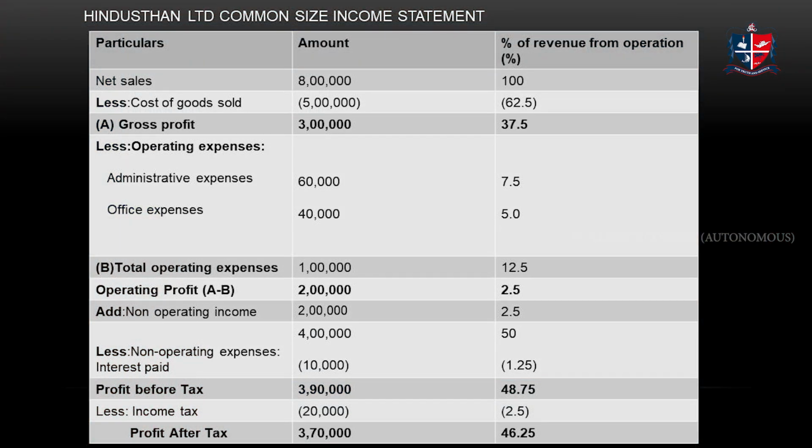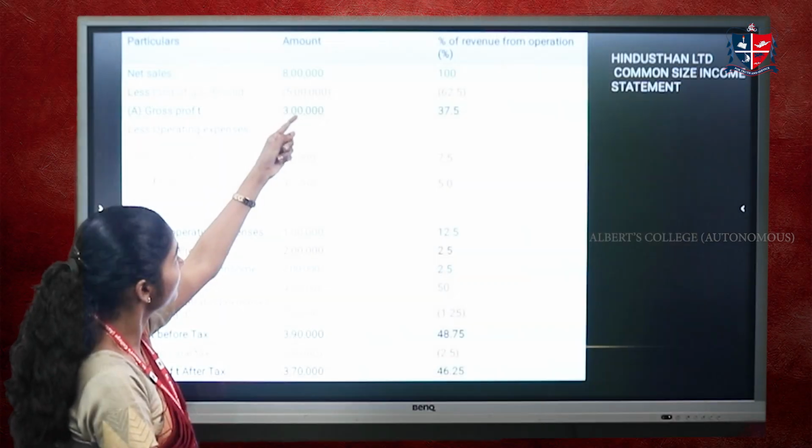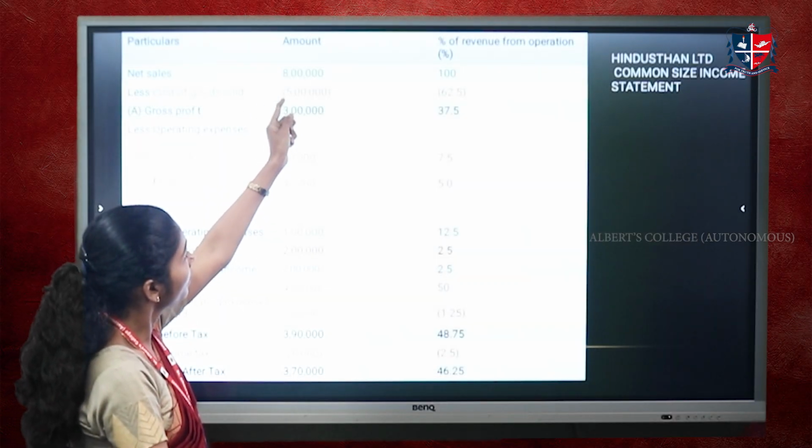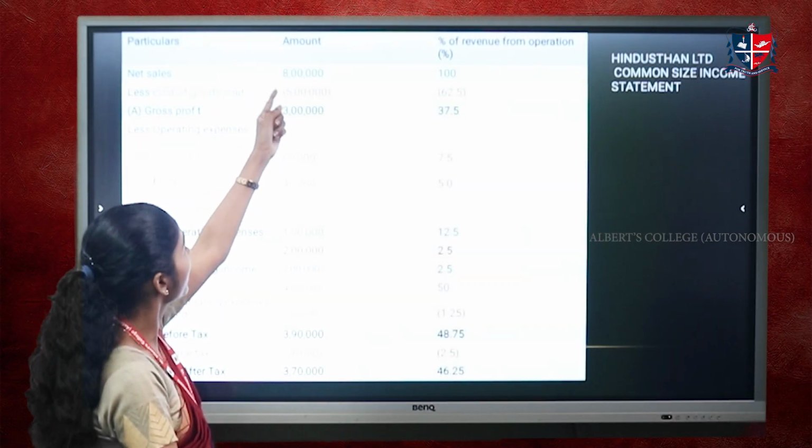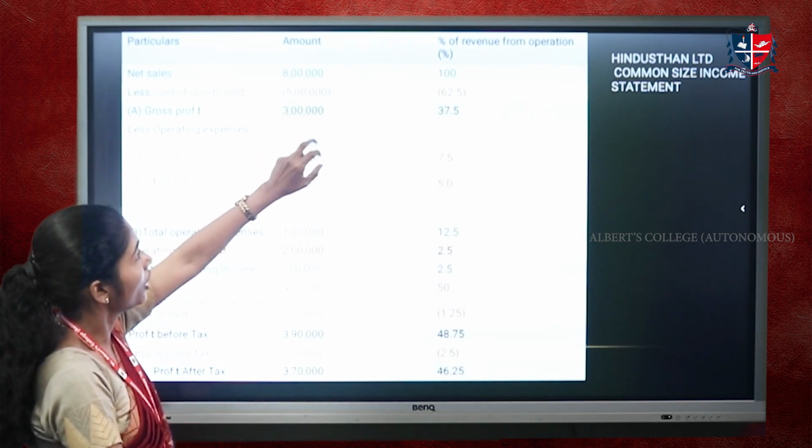Then less cost of goods sold, 5 lakh. Then we will get the percentage, that is 62.5. We get this percentage by dividing the cost of goods sold amount, that is 5 lakh, by the common base, that is net sales amount 8 lakh, into 100.